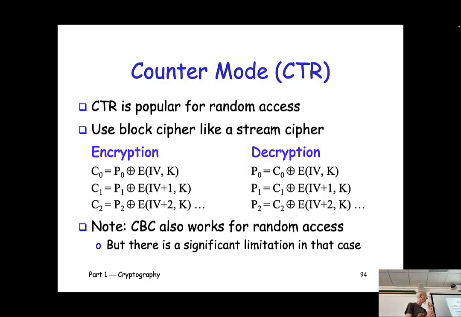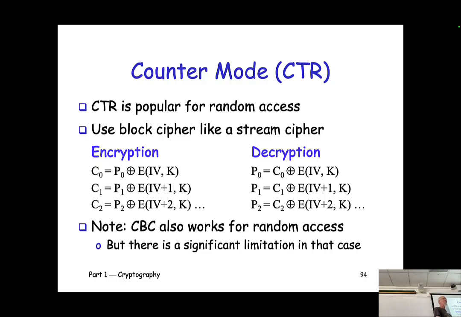All right. This mode is popular for so-called random access. What do I mean by random access? It just means that suppose you encrypt a file, and you want to jump to some random point in the middle of the file and decrypt that block. This is a good mode for doing that. Why?